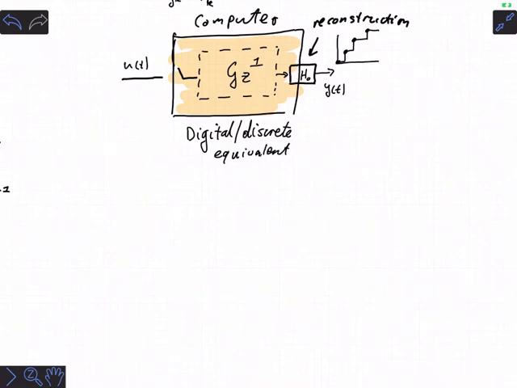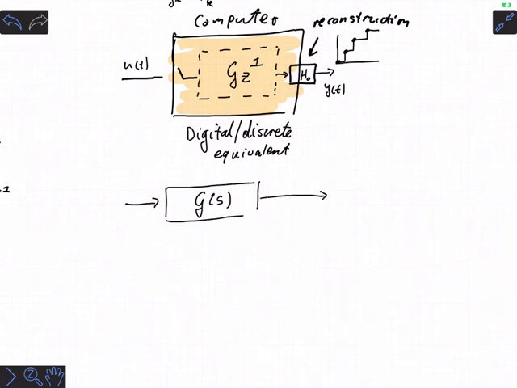The problem basically looks like this: if I used to have g of s in that exact same position, what should g of z be in order to get a good approximation of the relationship between u of t and y of t?